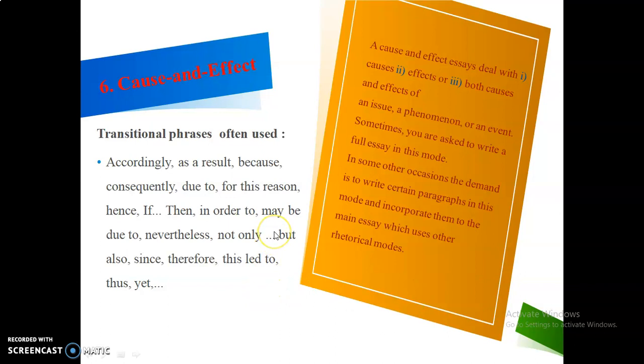What are the important transitional phrases often used in cause and effect essays? Accordingly, as a result, because of that, consequently, due to, for this reason, hence, if this happens then that happens, if then, in order to, maybe, nevertheless, not only but also, since, therefore, this led to, thus, yet.